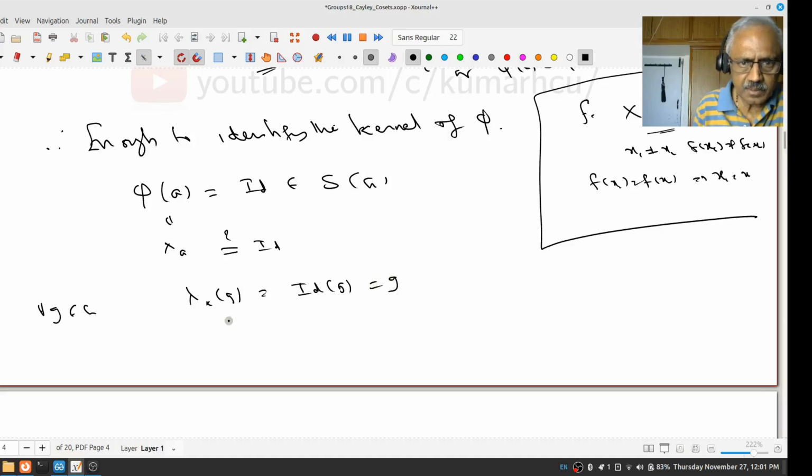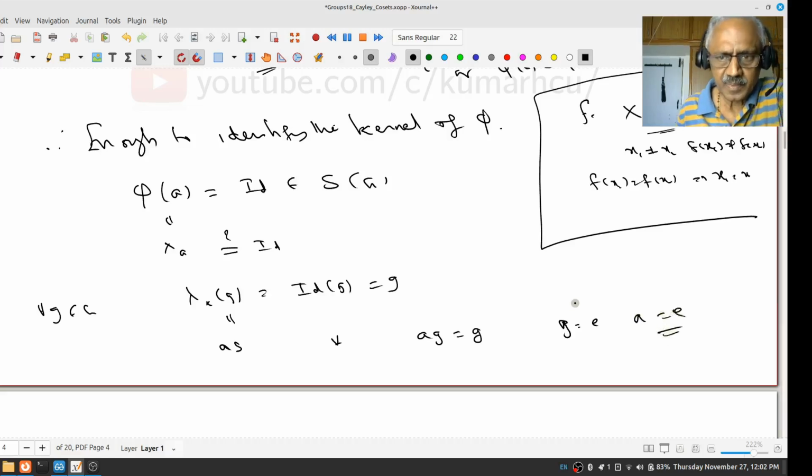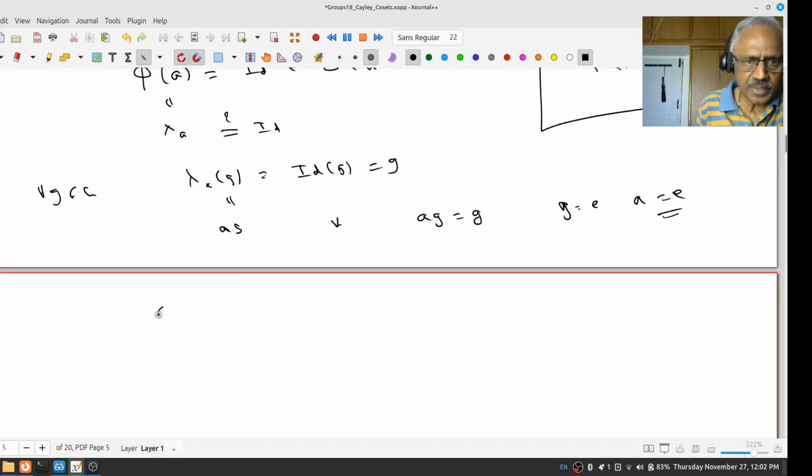But this is g, and this is Ag. That means for every g, Ag must be equal to g. In particular, when g equal to identity, then I get A equal to identity. Therefore, phi of A is identity if and only if A is identity. That means therefore phi is 1-1.